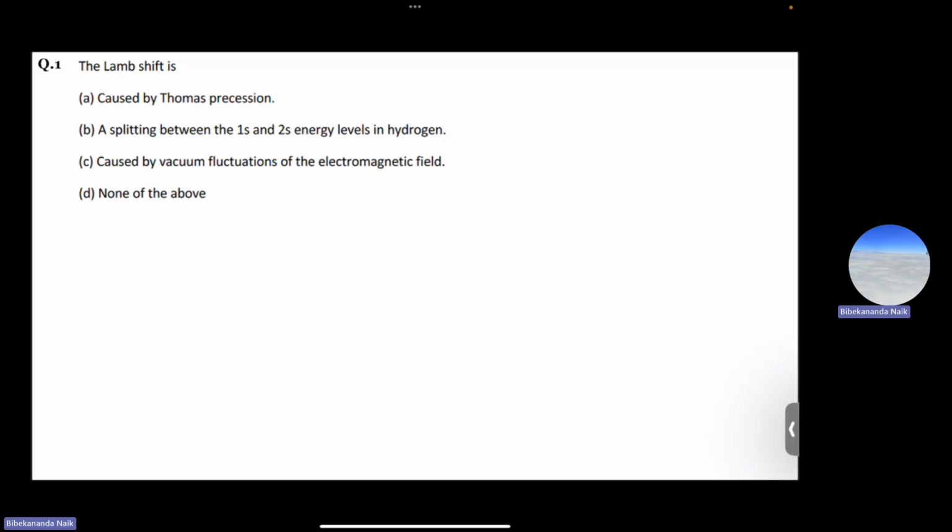For example, if you talk about hydrogen levels, it was found that two levels, that is 2s1/2 and 2p1/2, have n equal to 2 for both levels and j equal to 1/2.